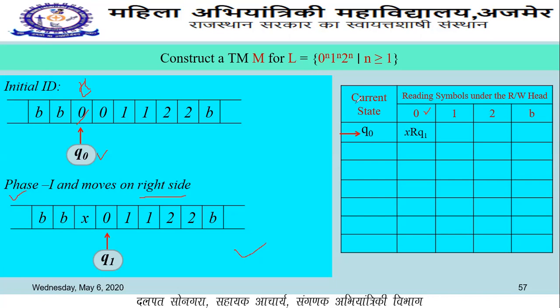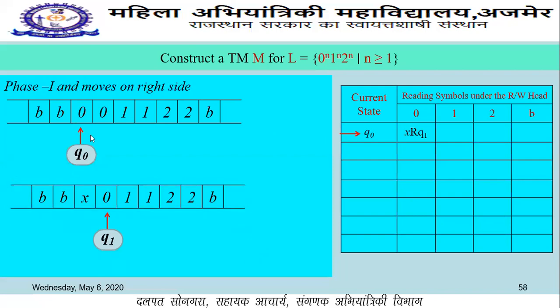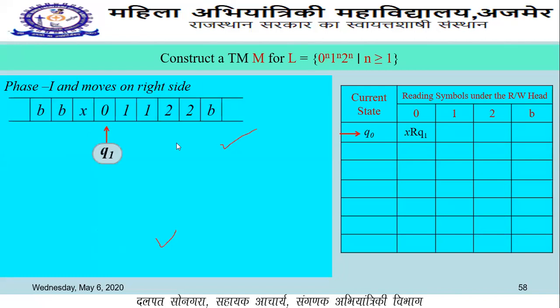So now we move to the next situation, which was converted into this form in the previous slide. Now, in the current situation, we are at state q1 and we're reading 0.